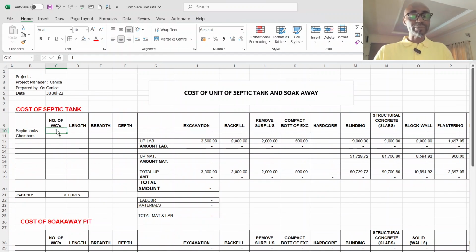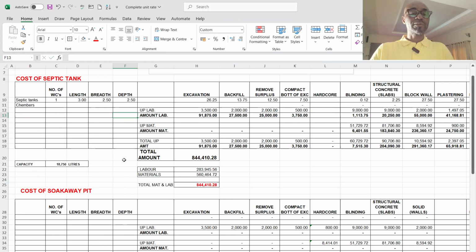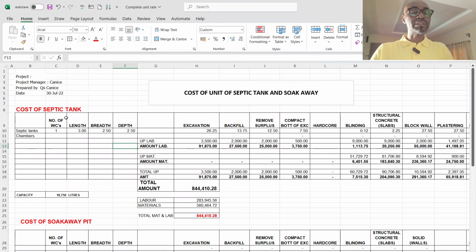The number of septic tanks is 1, and it is 3 meters by 2.5 by 2.5. Then the chambers are 2, each 0.6 by 0.6 by say 0.8.